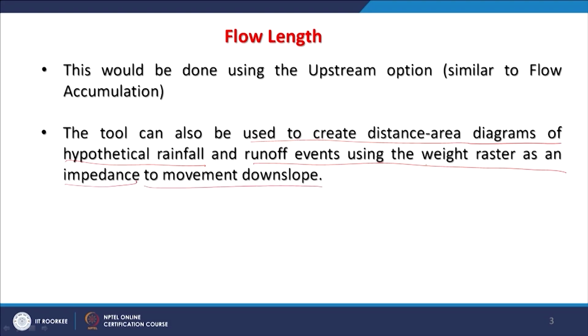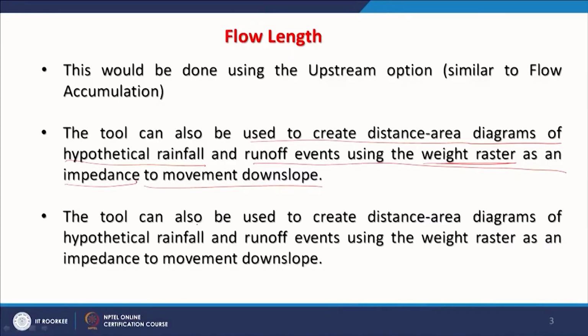This weight can be assigned based on the land use conditions, or impedance can be estimated, and that will allow us to do this modeling more accurately and more realistically. So flow length can also be used to create a distance-area diagram of hypothetical events downslope.